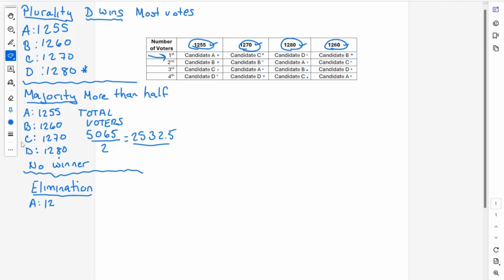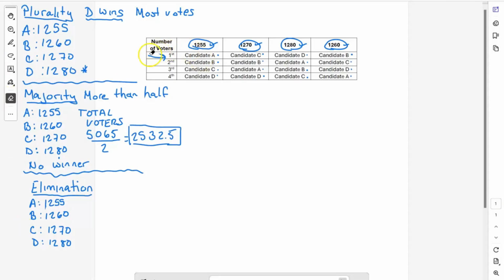A had 1,255, B had 1,260, C had 1,270, and D had 1,280. Now, we know that none of these options has over half of the total votes, because we determined above that we need more than 2,532 votes in order to win. So none of these options has a majority.